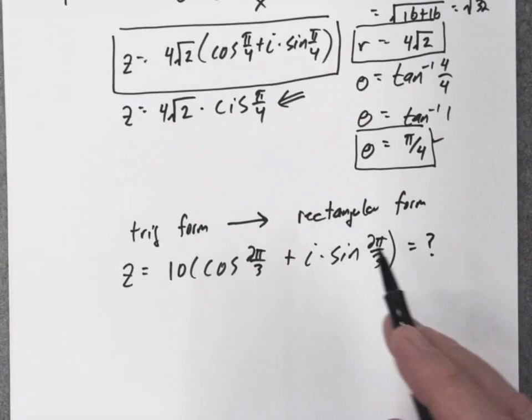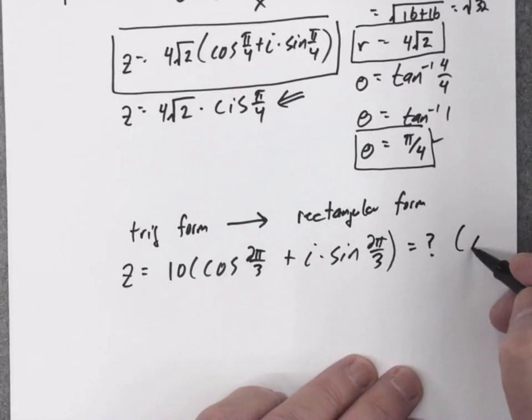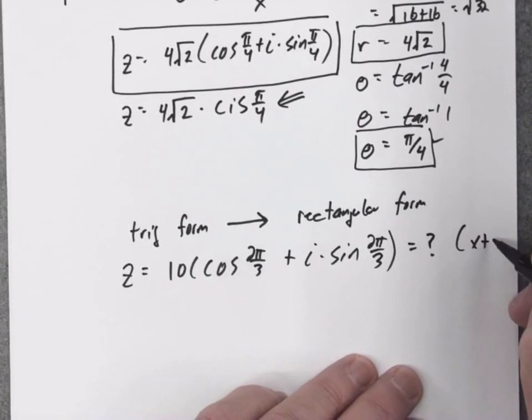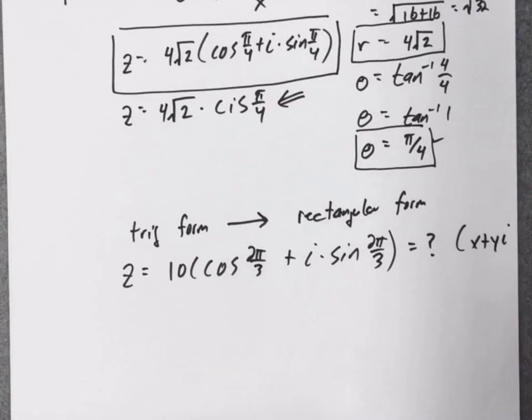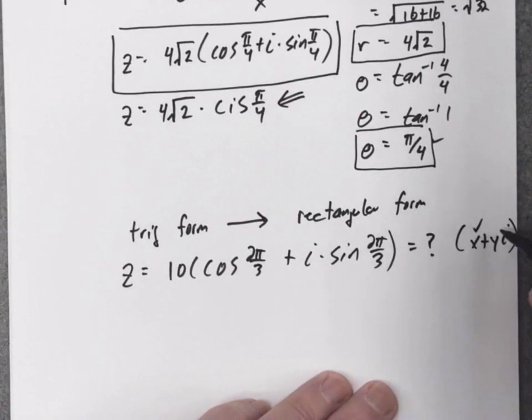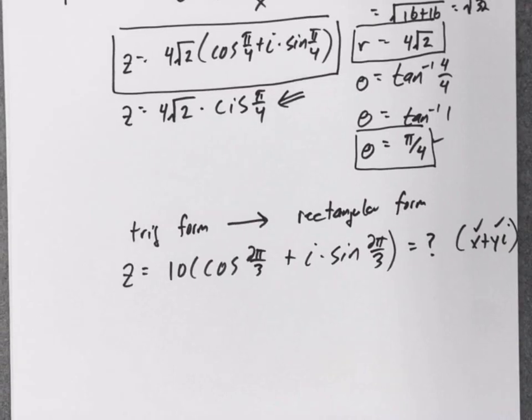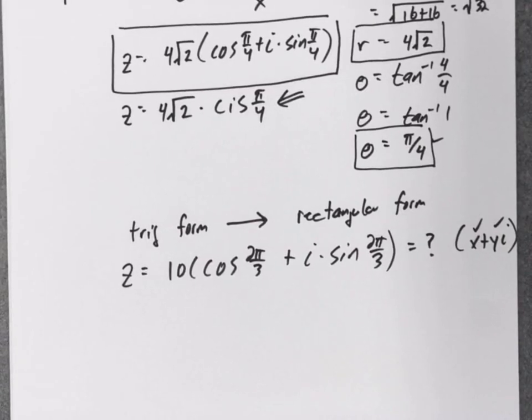And I want to convert this to rectangular form, which is going to be like x plus yi. So I need to figure out what x is and what y is. Well, this you're going to like a lot.